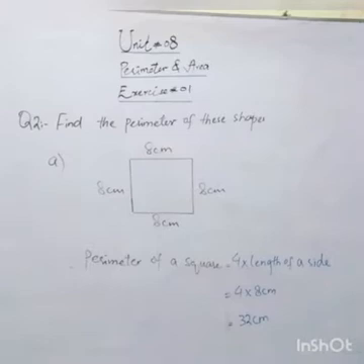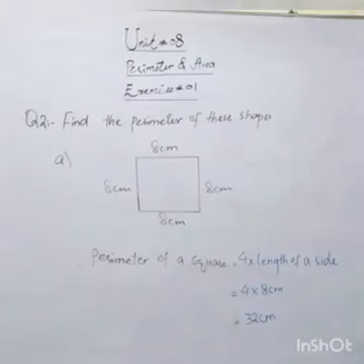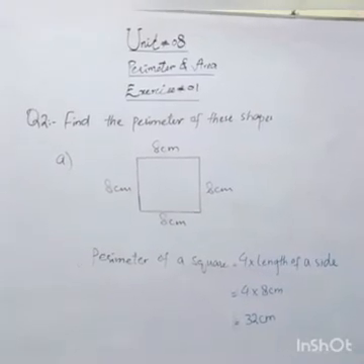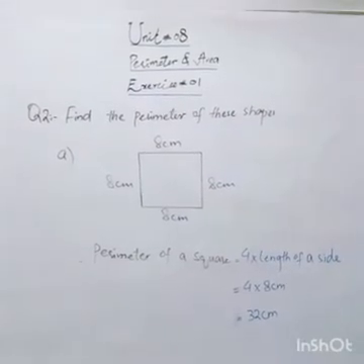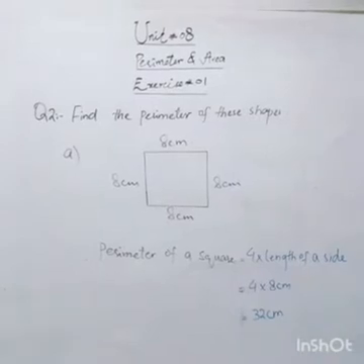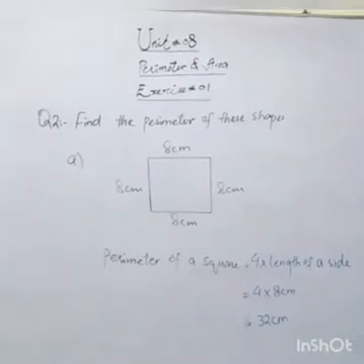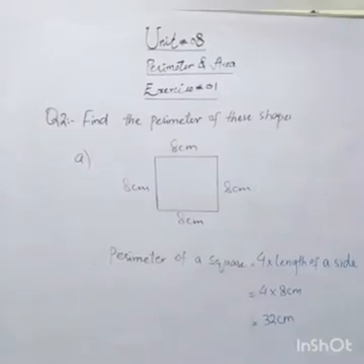Part A. Here we have a square shape and we also know the length of this shape and the length is given here. We know that the formula to find the perimeter of a square is equal to 4 into length of a side. We have 4 sides in a square and the length of all these sides are equal, and which is also given 8 centimeters.